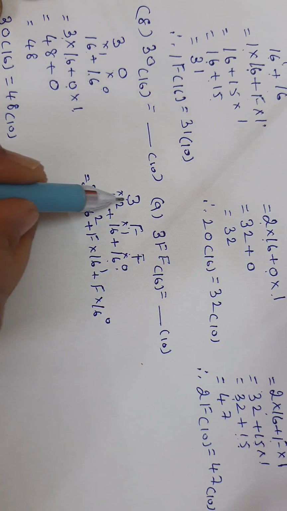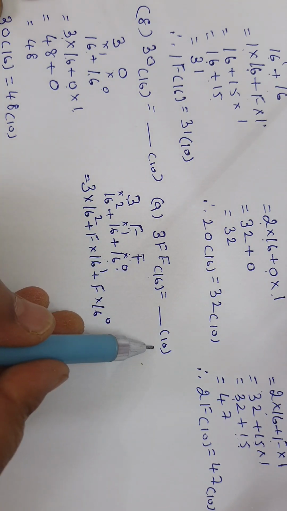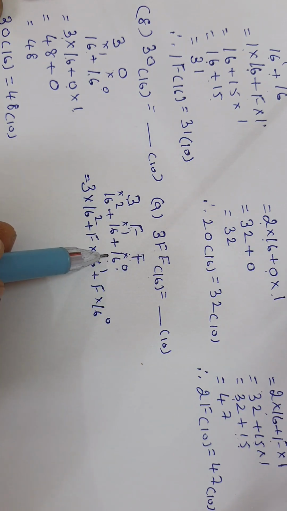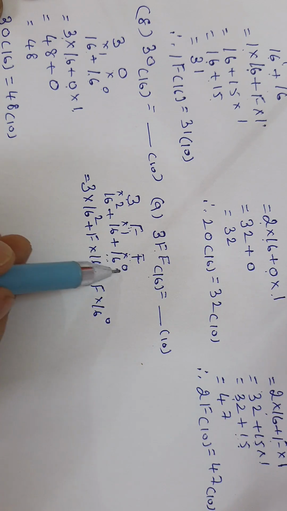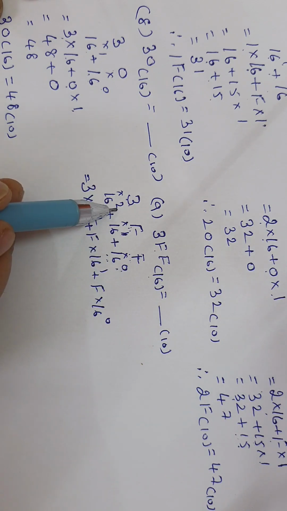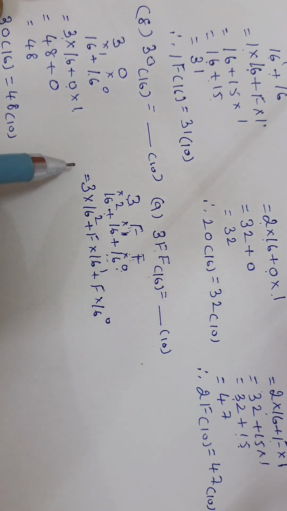What we have written, the 3ff number is given, that is in hex. We have to convert it to decimal. So take the given number, then weighted values for each place. For the first one, 16 raised to 0, 16 raised to 1, 16 raised to square. These two we will have to multiply each time, then all we have to add.